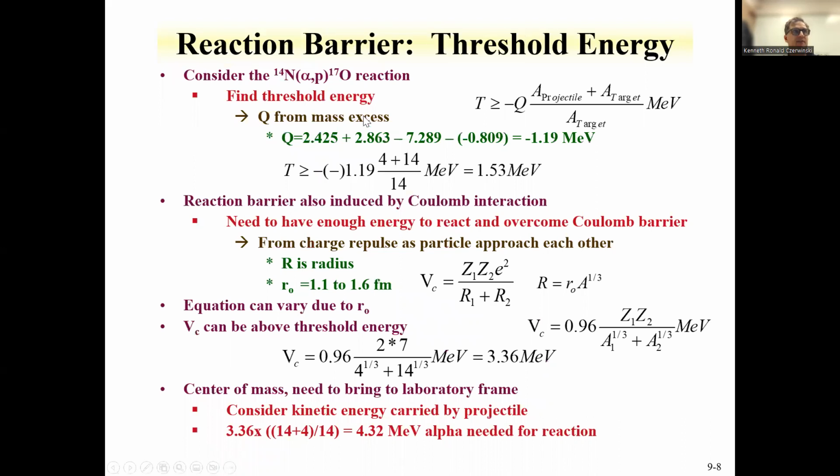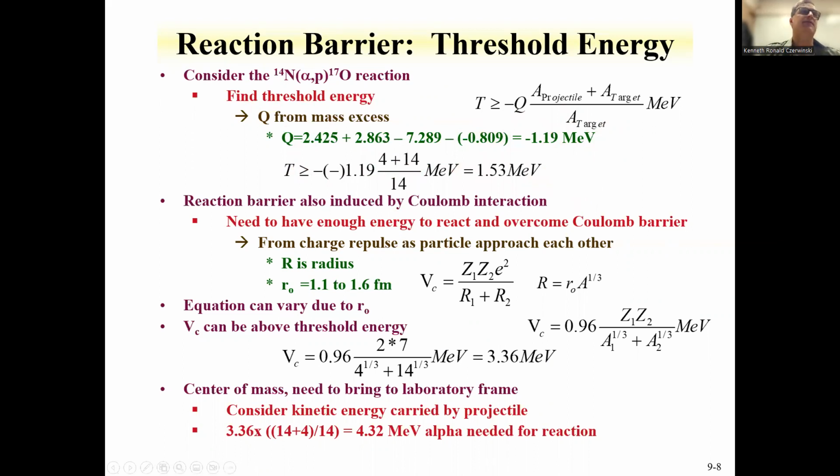And consider, we go through this reaction. Imagine I have an alpha particle hitting nitrogen-14, a proton comes out and oxygen-17. Find the threshold energy. Well, we get the mass excesses that are shown here. The kinetic energy is minus the Q value times 4 plus 14 divided by 14, 1.5 MeV.